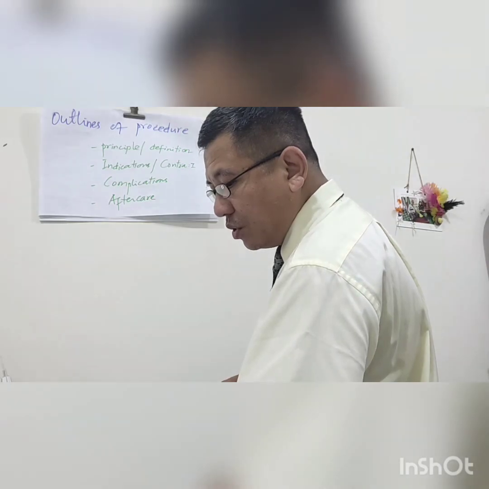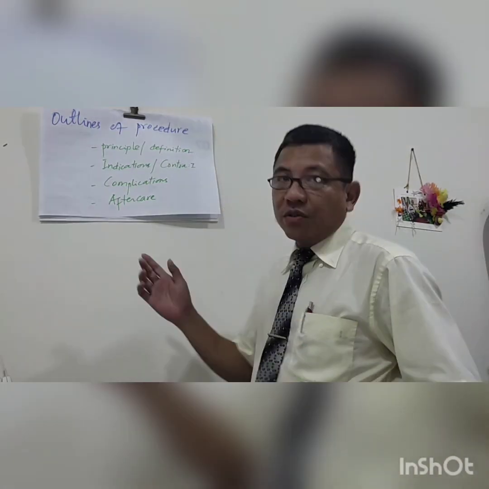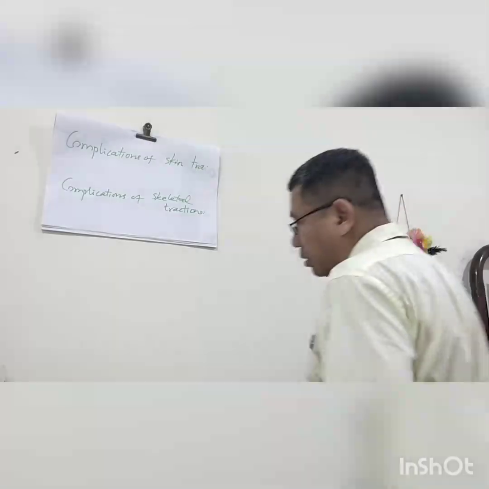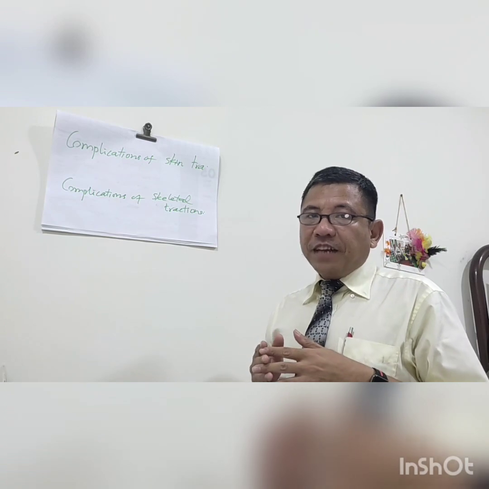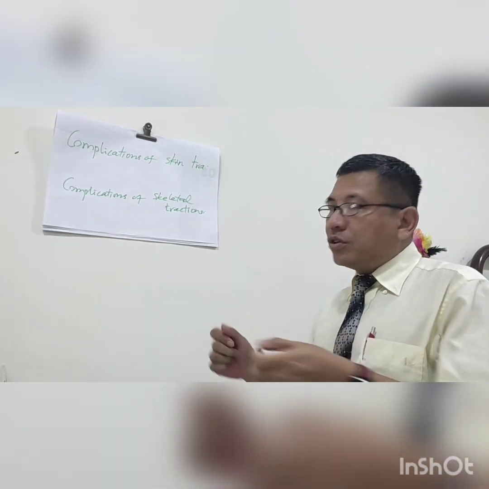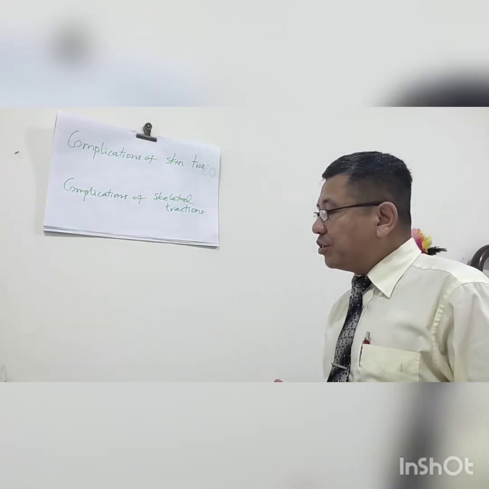Here we need to know about the complications of skin tractions. Shall we continue with the complications of skin traction and skeletal traction? Of course, after you apply skin traction, you should look for complications the next day during the ward round.